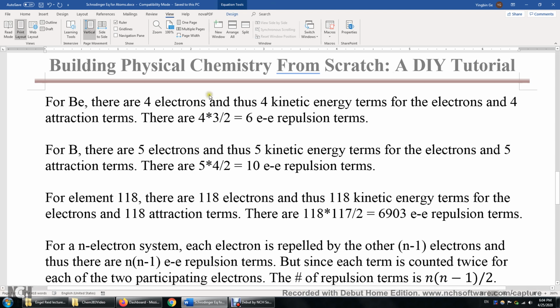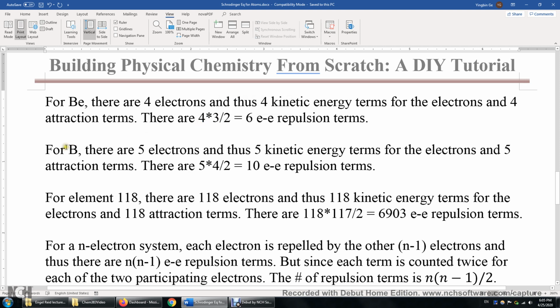Alright, and then we have 4 attraction terms because each of the 4 electrons is attracted by the nucleus. How many repulsion? We have 4 times 3 divided by 2, 6 repulsion terms. This is because each electron feels repulsion from the other 3 electrons. So we have 12 electron terms. But if you say 12, you double counted every single repulsion term.